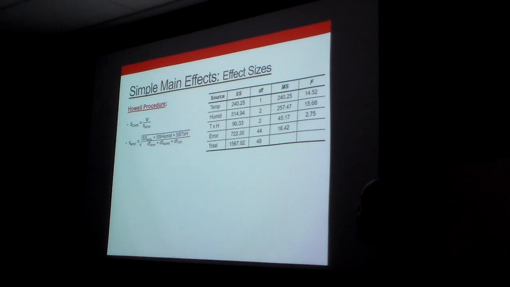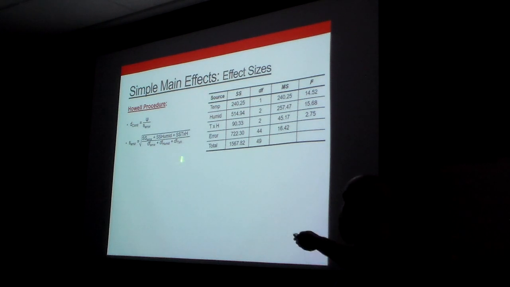So Howell recommends a procedure for calculating effect size. Again, this would be a fairly balanced design, where we calculate our D as the value of our contrast over some estimate of error, right? What Howell suggests is, all right, I want to calculate my effect size for a linear contrast involving temperature, okay?